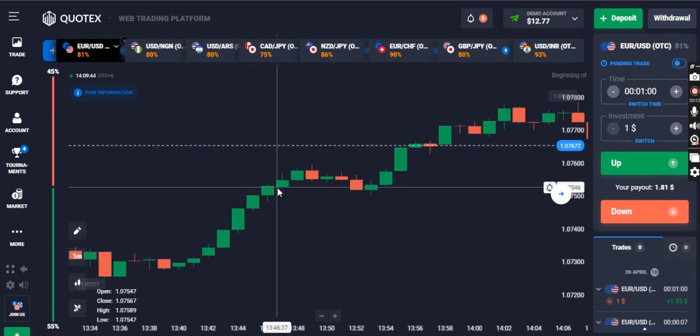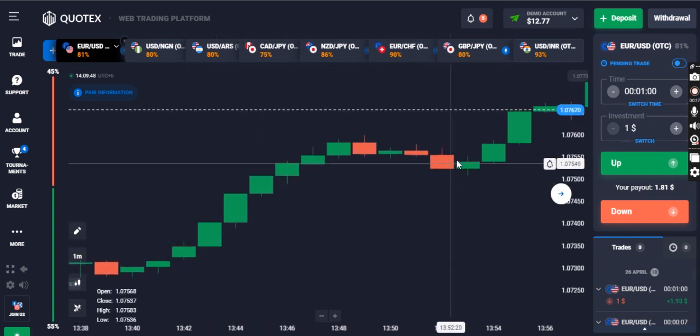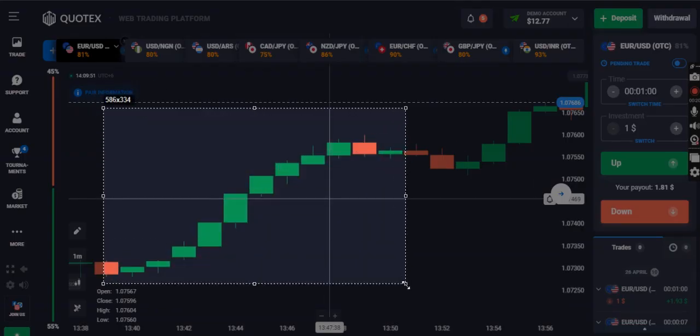Here you can see the uptrend market and the candle behavior. Just zooming in here, let me make this level clear to you.